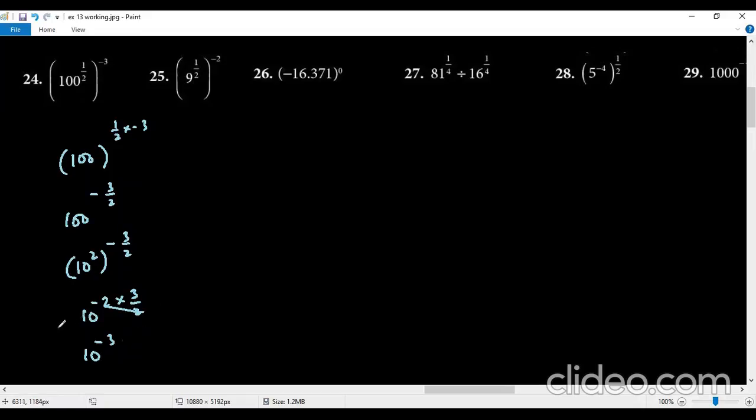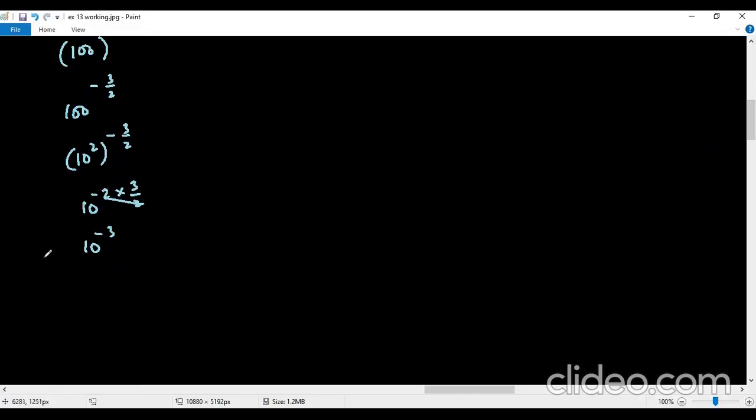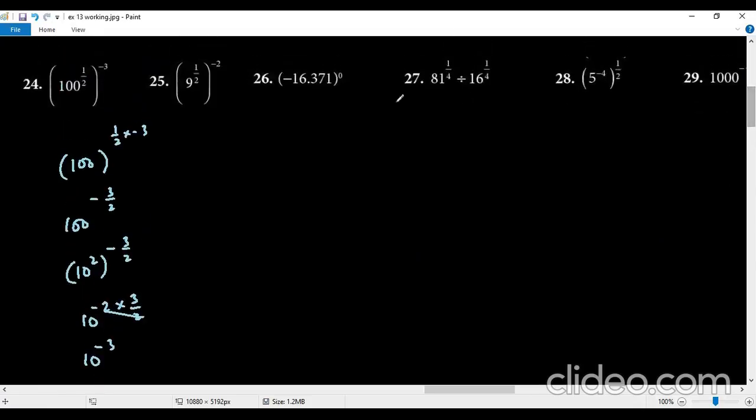Question number 24, you can write this way also. This is negative, so it's going to be a denominator, and 10 cube is going to be your final answer. When it comes to the next question, it is 3 square times 1 over 2 and negative 2.